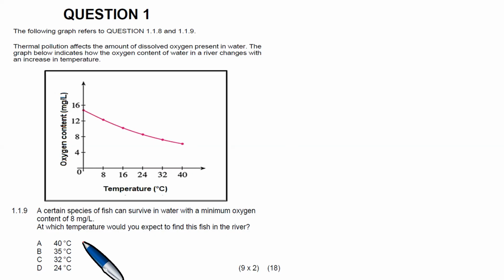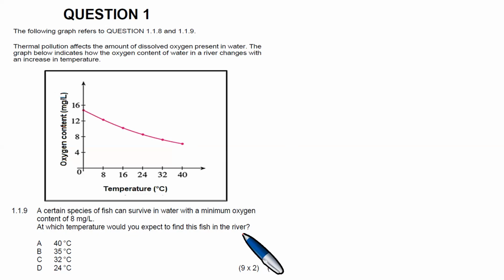So here comes the question. At 40 degrees Celsius, at 35 degrees Celsius, at 32 degrees Celsius, at 24 degrees Celsius. We're asking the question in 1.1.9: at which temperature would you expect to find these fish in the river? So this is just about the graph.